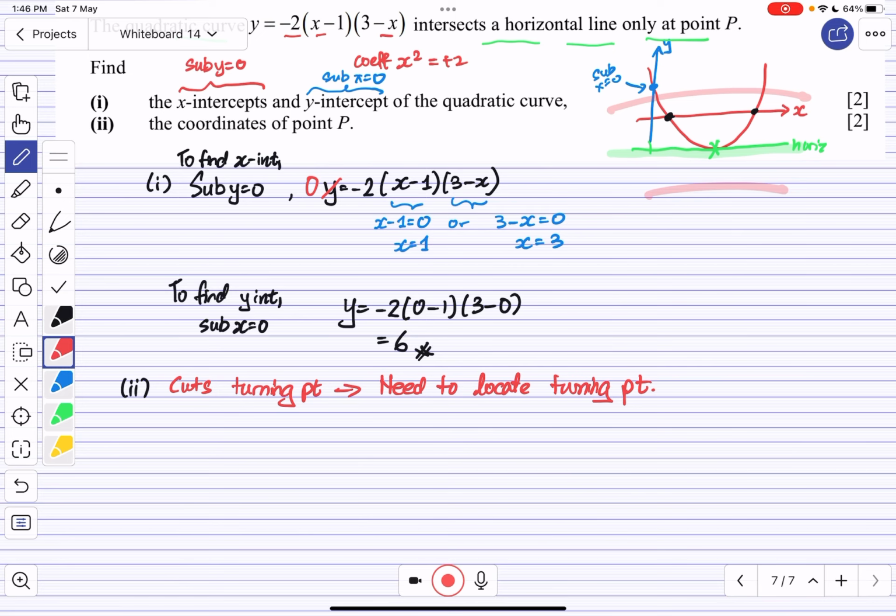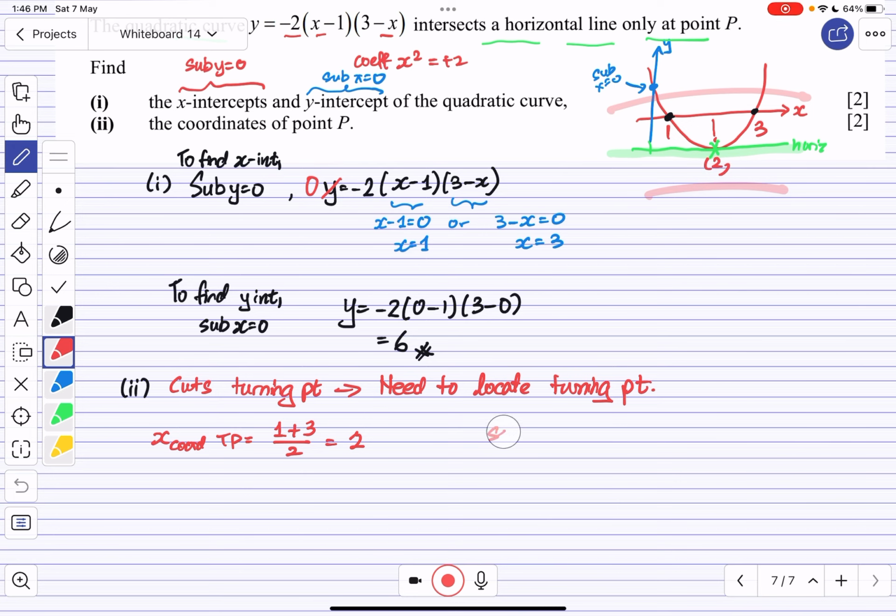Remember that in such a case, where we know that the x-intercepts are 1 and 3, right? The turning point is basically the midpoint, right? So the x-coordinate of the turning point can be found by taking the sum of the two intercepts divided by 2, which is just 2. So that's the x-coordinate of the turning point.